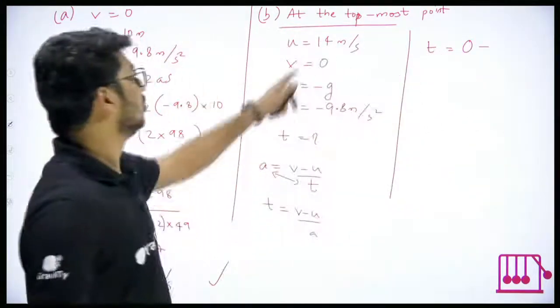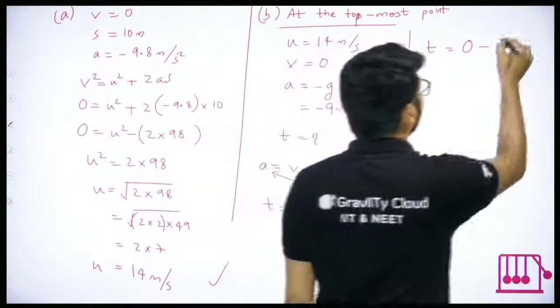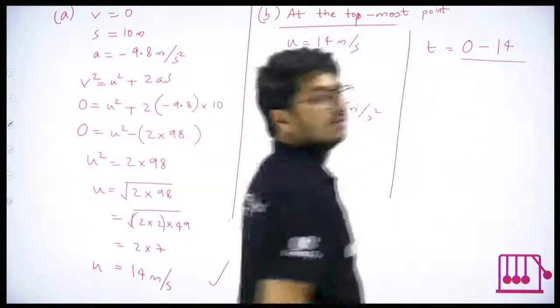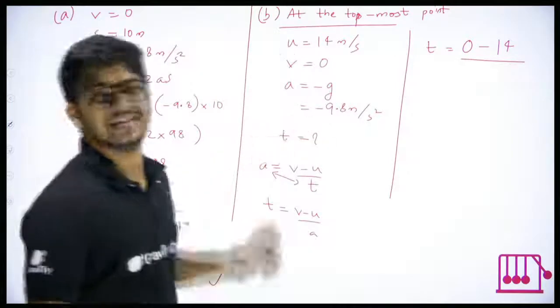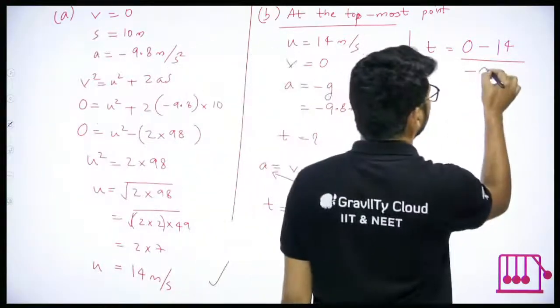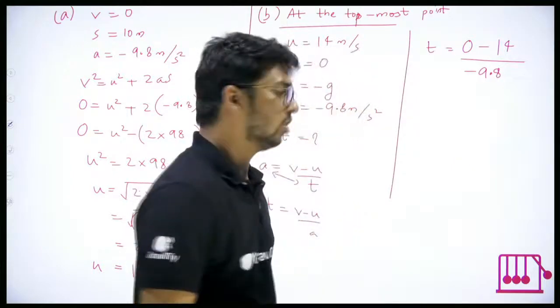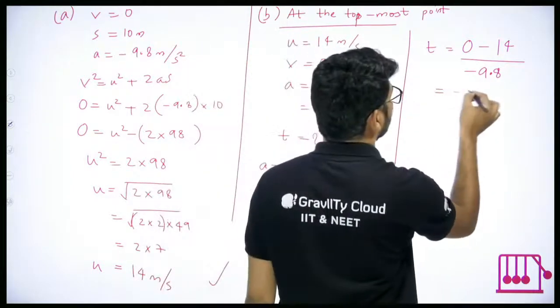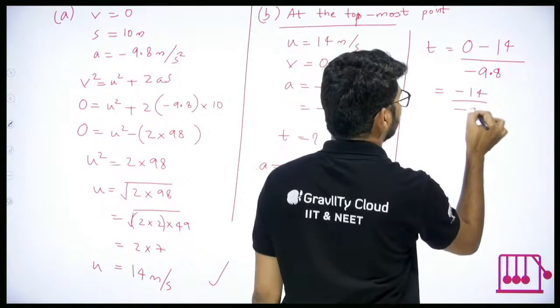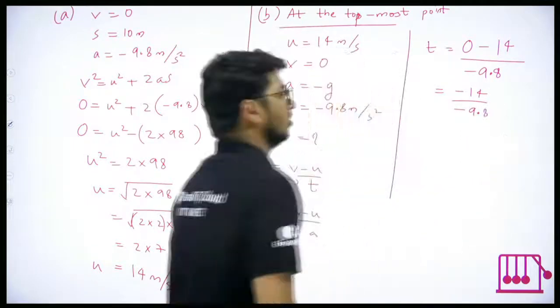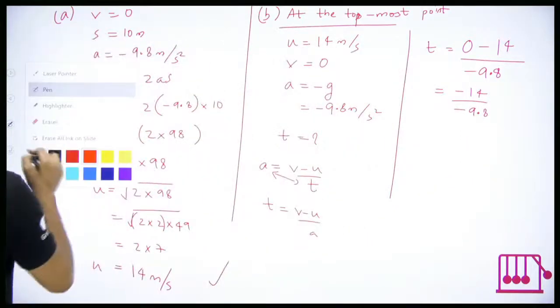Minus u is how much? 14. By a is minus 9.8. 0 minus 14 is minus 14, upon minus 9.8. Now you have to do the calculation, right?